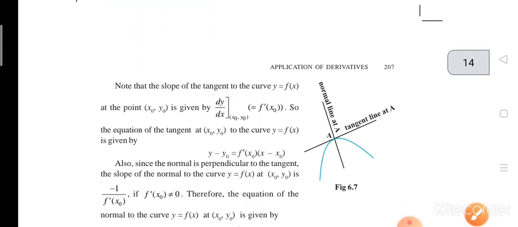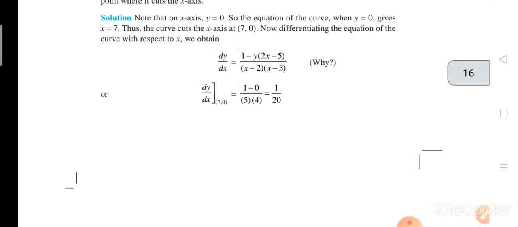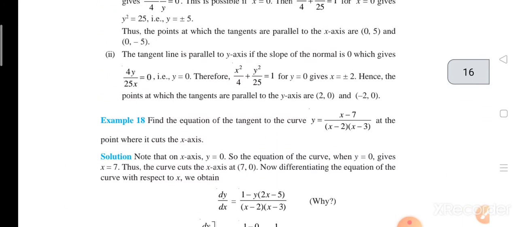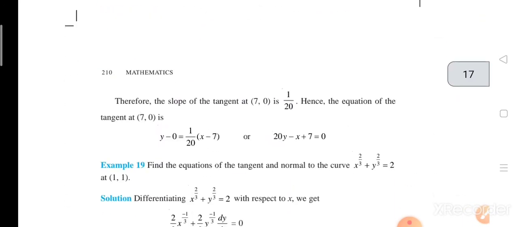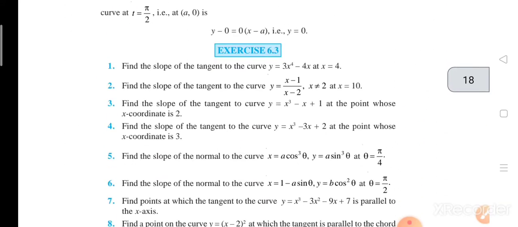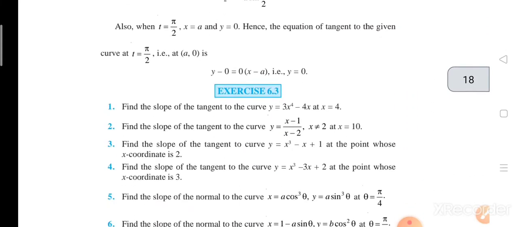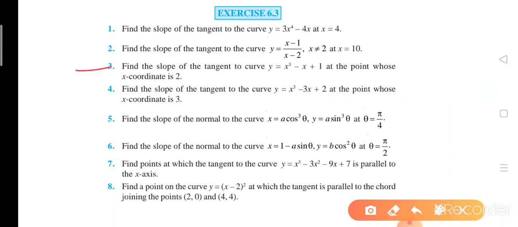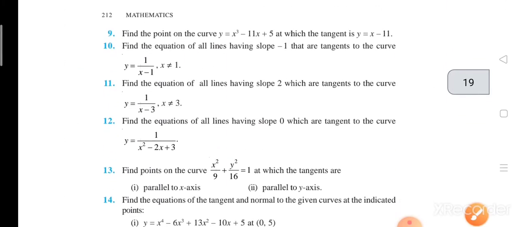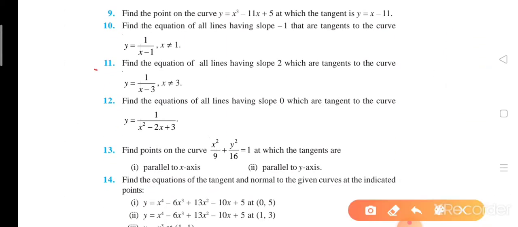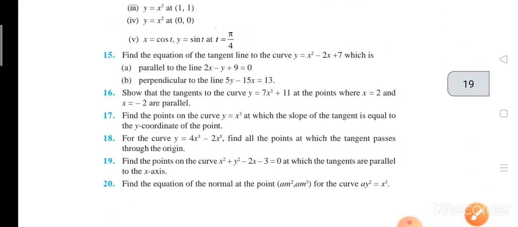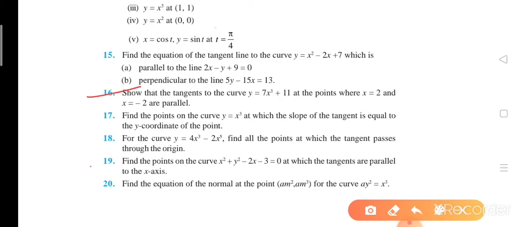Now from tangents and normal, examples you will not miss from any of the exercise. Examples आप सारे करेंगे. If we talk about exercise 6.3, then we have question number 3, 5, 7, and then next page we have 11, 13, 16 and 20, 19 and 20.